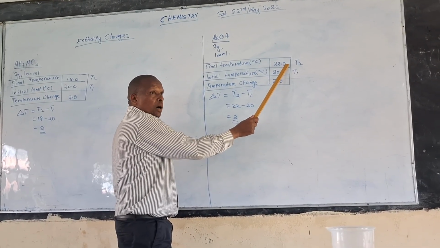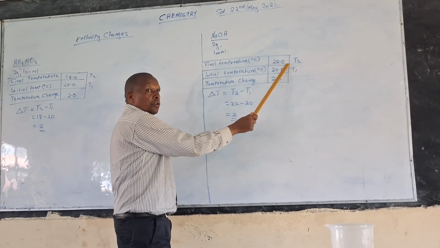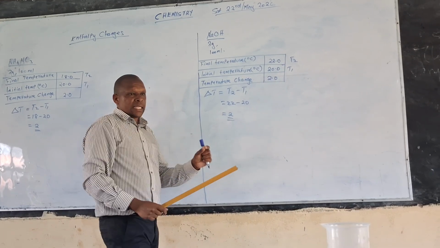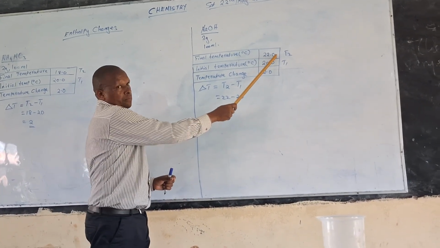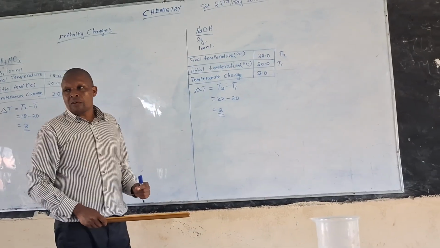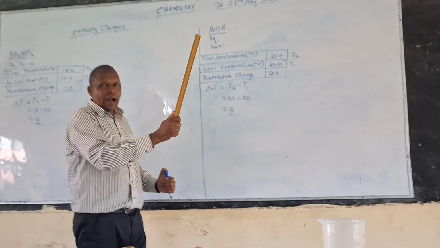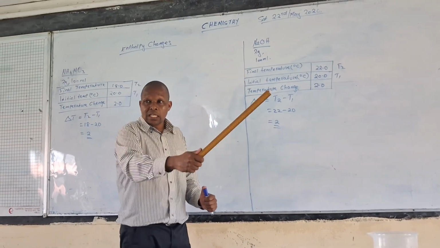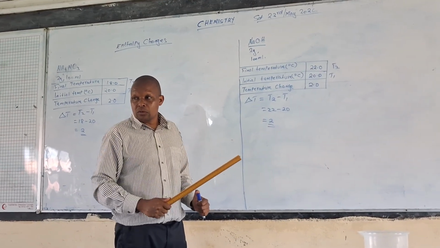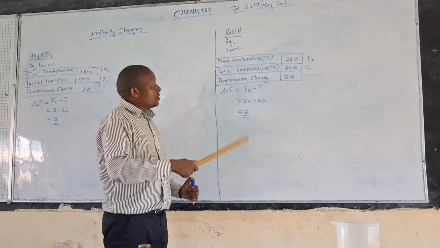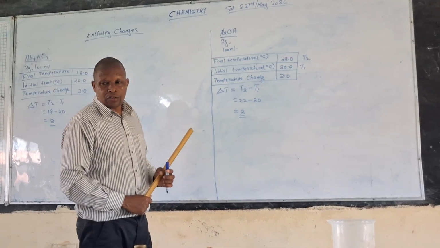In our thermometers, it is possible to get 5 here, but I don't want you to write 5. Just write 0. If you are seeing it is 22.5, almost 23, what do you write? 23.0. Are you seeing that? That way, you will not have a problem doing calculations.